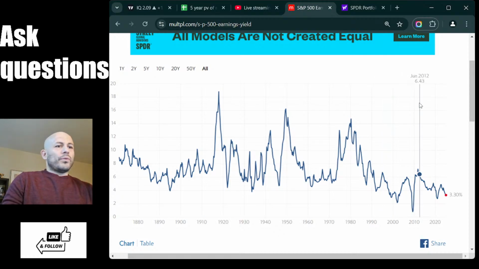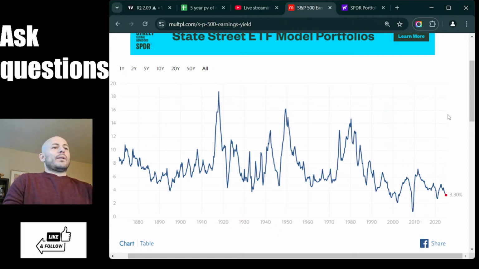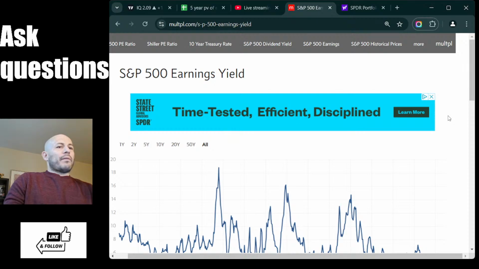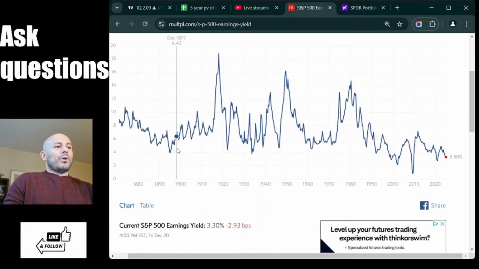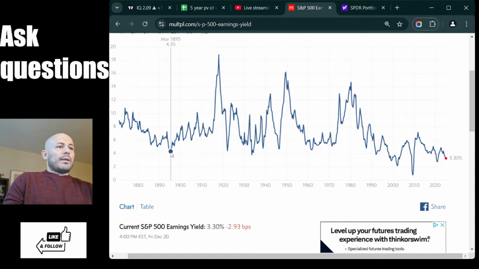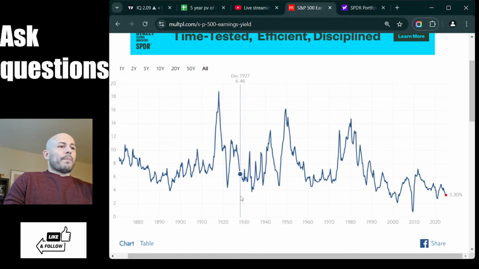If you look historically, the S&P 500 earnings yield has been low, low, low, lower. That's been a wimpy yield. And it's spiked up high, high, high a few times. That's over 10%.